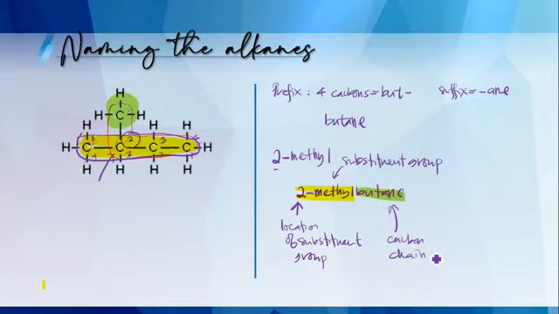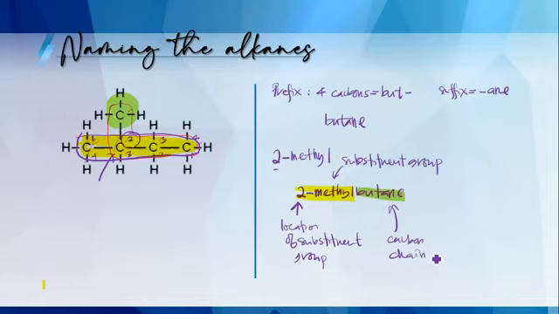So if you give this structure to all chemists in the world, they're going to give you the same name, because we follow the same principle, the same steps in naming the alkane. I hope a few examples of naming alkanes will enlighten you on how to name them.